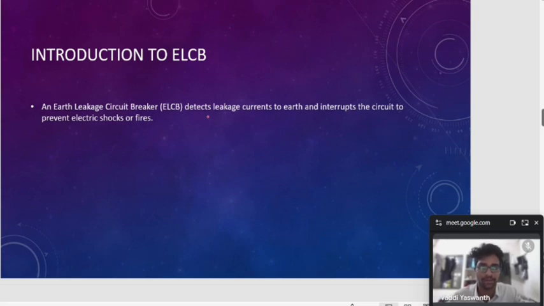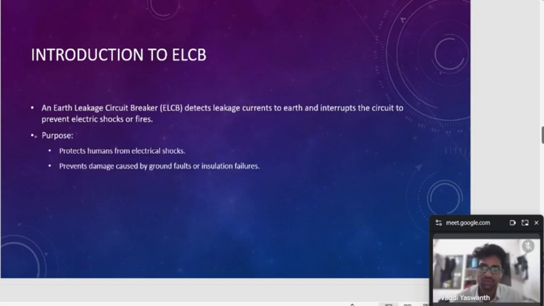That's why this ELCB is used. The purpose of this ELCB is to protect humans from electrical shocks and prevent damage caused by ground faults.